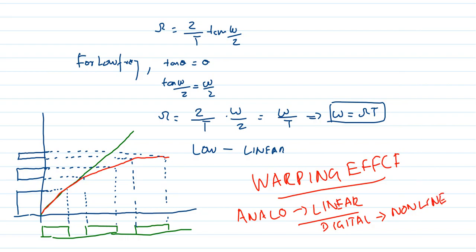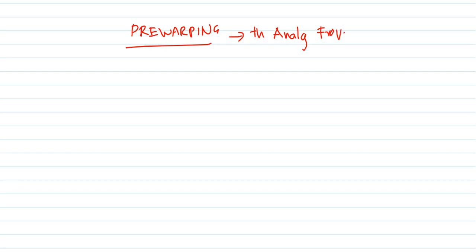To avoid this warping effect, we need to do something called pre-warping. So we have to pre-warp the analog frequencies. We know the relationship omega is equal to 2 by T tan omega by 2.